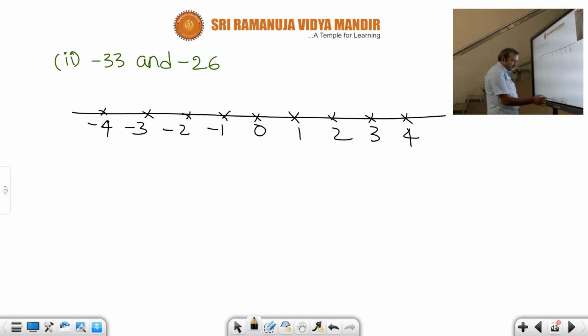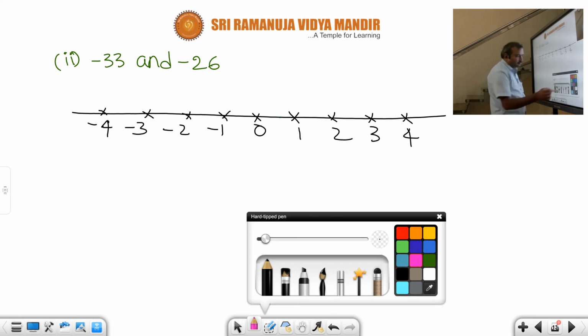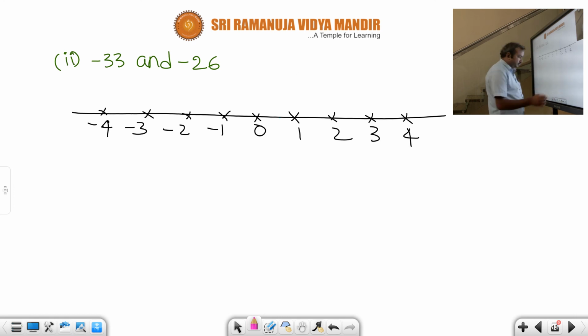For this, what are the integers? After this, you will get minus 27, minus 28, minus 29, minus 30, minus 31, minus 32, like that.